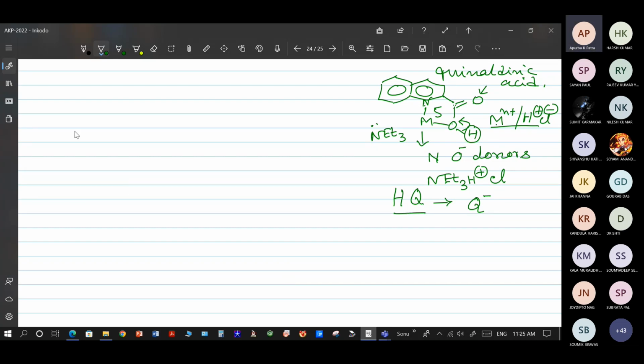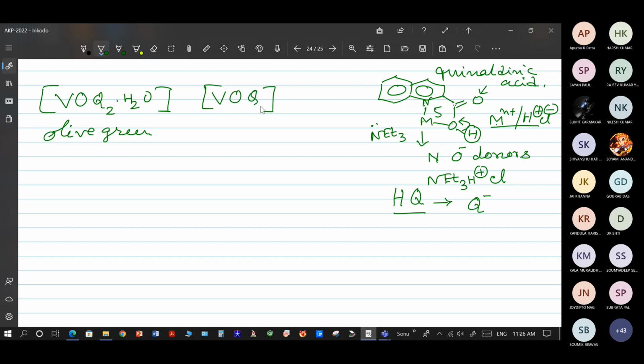So you can make two complexes: VO Q2 dot H2O, which is olive green in color, and the other one, VOQ dot H2O, where the dot H2O will be outside.